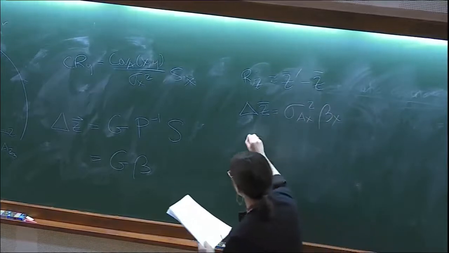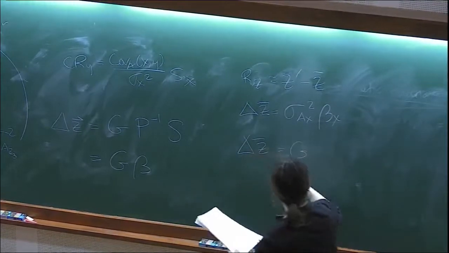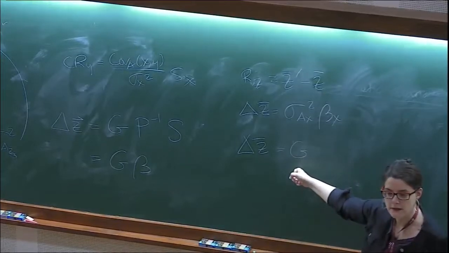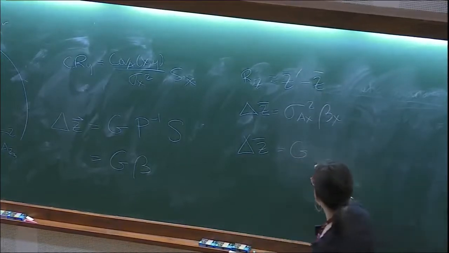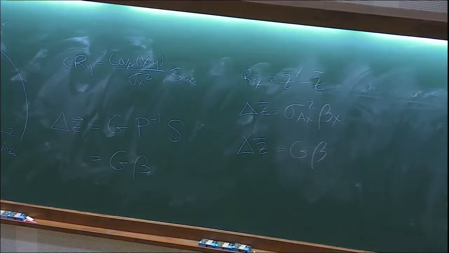Now the change in Z bar is the matrix of additive genetic variances and covariances times a vector, where that vector is the vector of all the selection gradients on the individual traits.